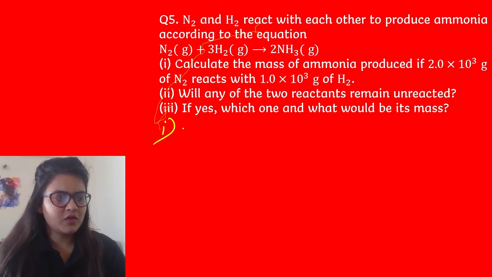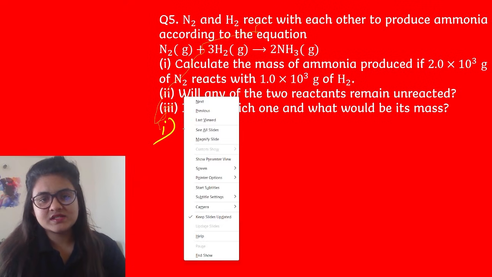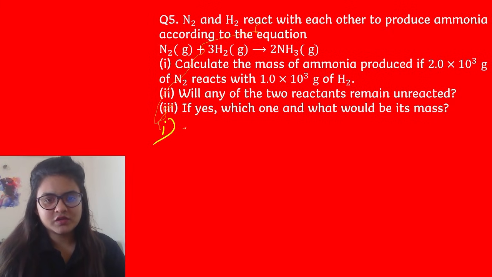Now I will convert the given mass to number of moles using the molecular weight. First, the number of moles of N2: 2 into 10 cube, that is 2000, divided by 28.